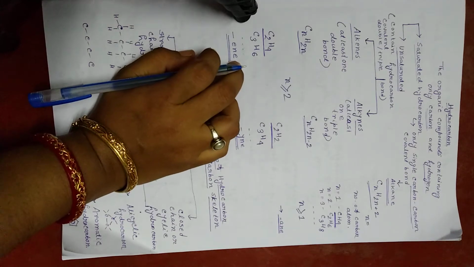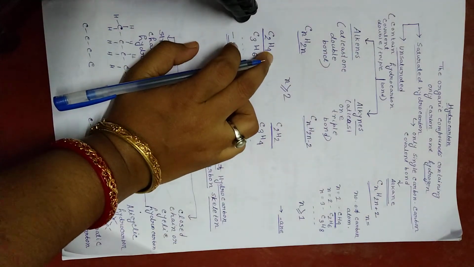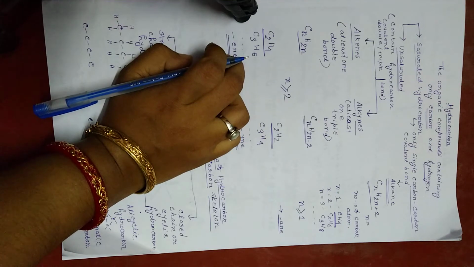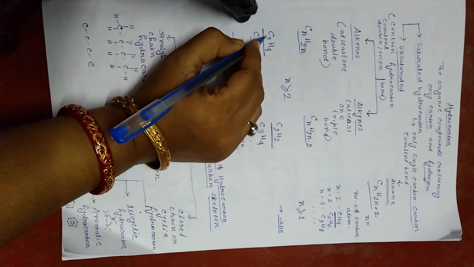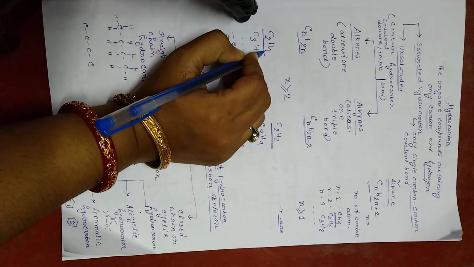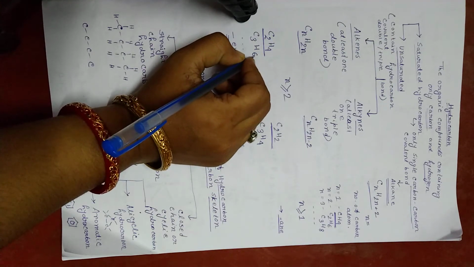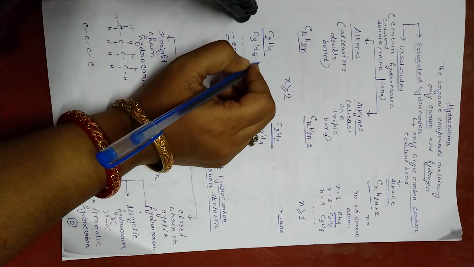This contains 2 carbon atoms, so eth is the word root, and as it is an alkene, we use "ene", so C2H4 means ethene. We will do this in the nomenclature video.